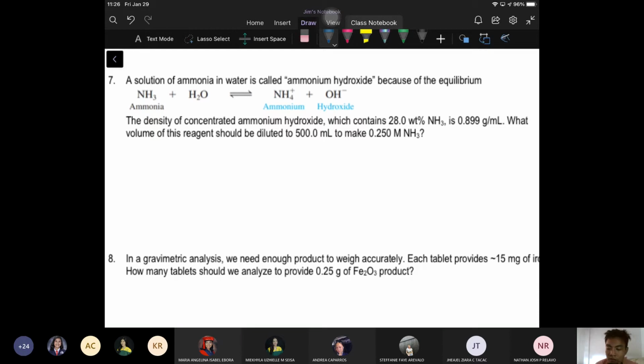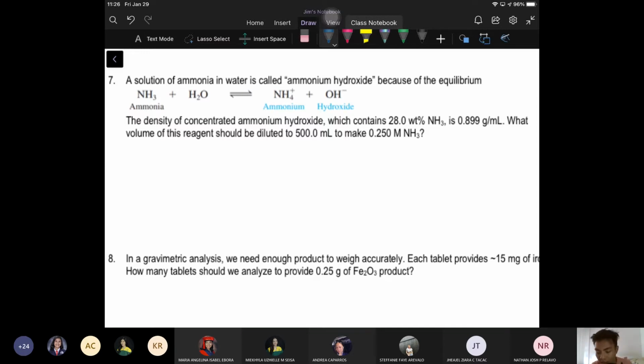The density of concentrated ammonium hydroxide, which contains 28% by weight ammonia, is 0.899 gram per ml. What volume of this reagent should be diluted to 500 ml to make 0.250 molar ammonia?